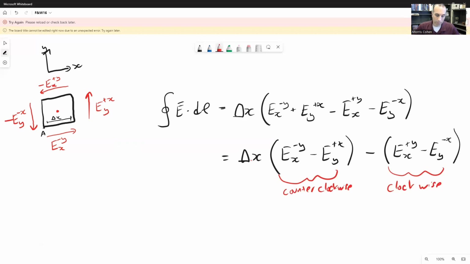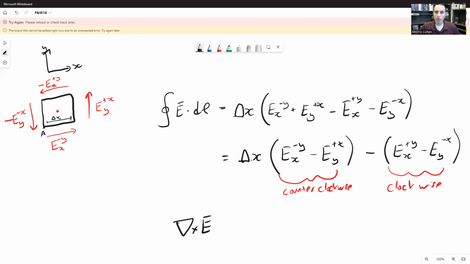So in that sense, we can actually write this as a curl, right? Because the curl of E tells us to what degree things are swirling around. If the counterclockwise wins out over the clockwise, then we're going to have a positive curl. If the clockwise wins out, we're also going to have a non-zero curl in the other direction.